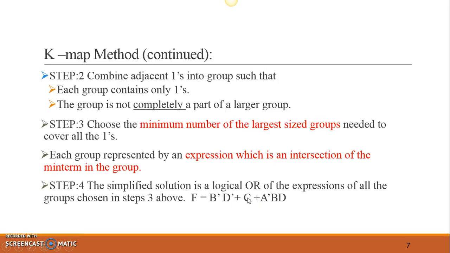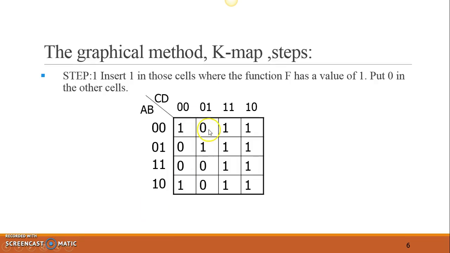Such groups, if we formulate them and then add them, give the simplified solution of the K-map. To make it complete, it is important that the first row and last row are also called adjacent rows. Similarly, the first column and last column are also adjacent. So you can see this one, this one, this one, and this one also form a group of 4 ones.